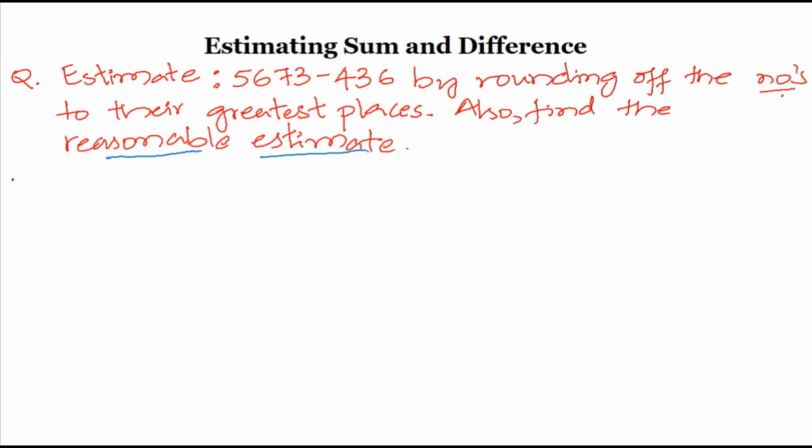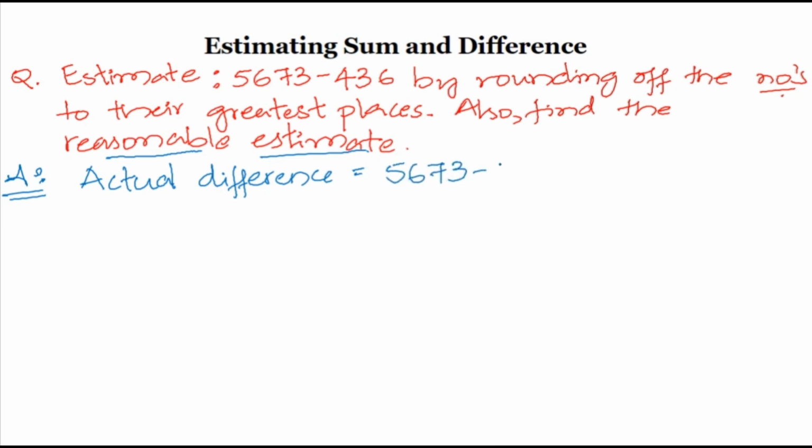Here, I'll write the solution. Answer. Actual difference will be 5,673 minus 436. Subtract 436 from 5,673. We'll be getting 5,237. This is the actual difference.